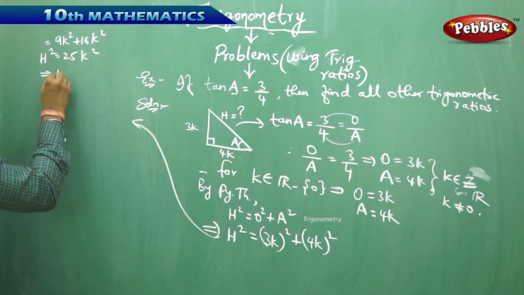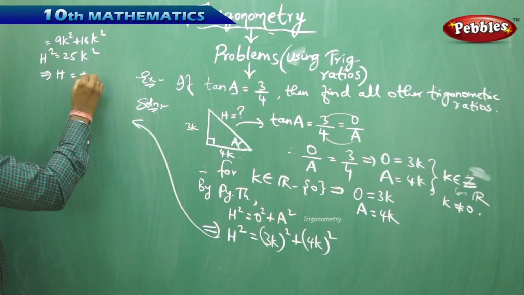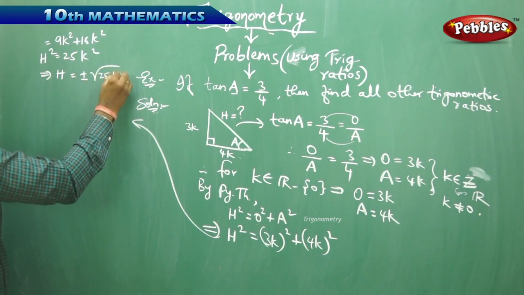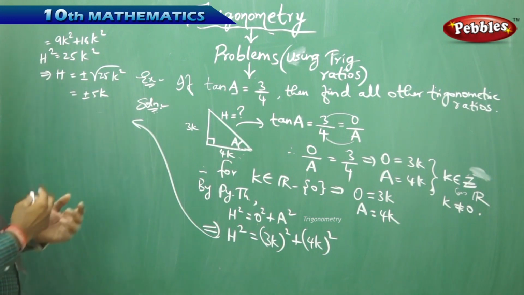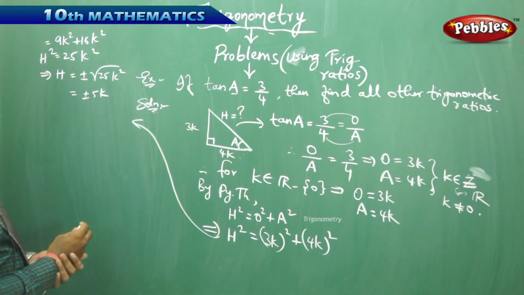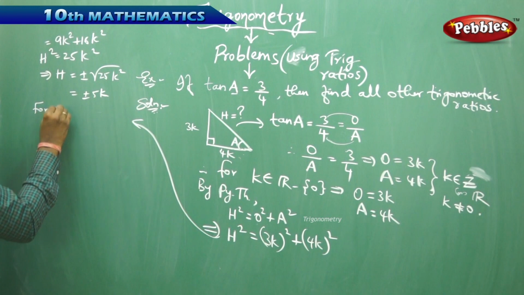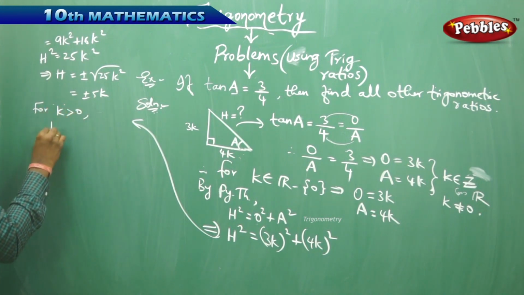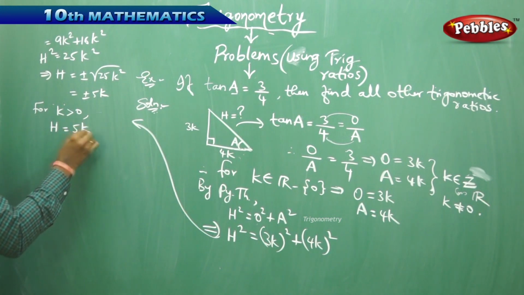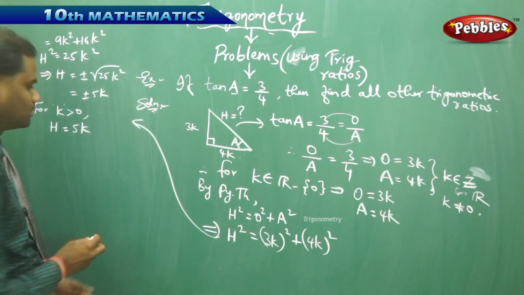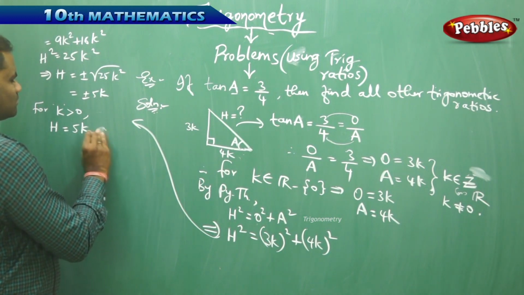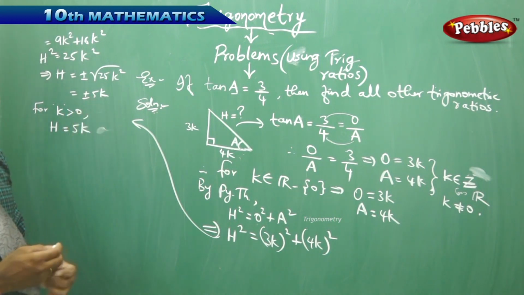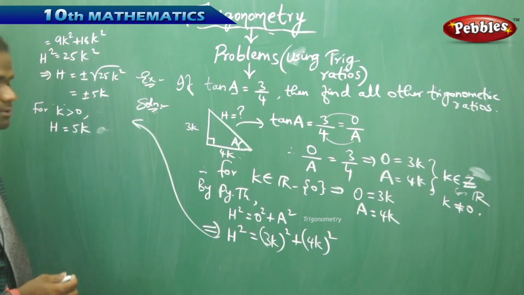That implies my h is plus or minus root 25k square, that is plus or minus 5k, but assuming k is positive, for k greater than 0, I assume hypotenuse cannot be negative, so I take 5k. Because I don't take the negative value, because lengths are always positive.